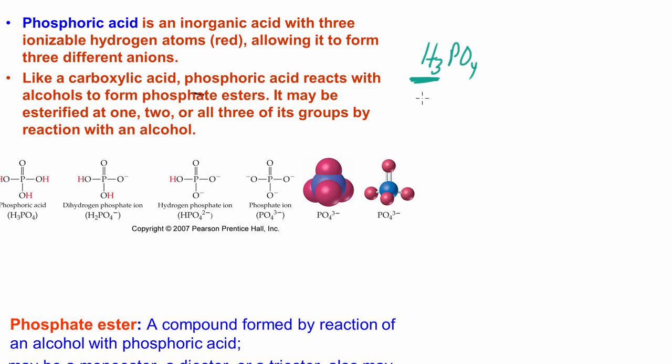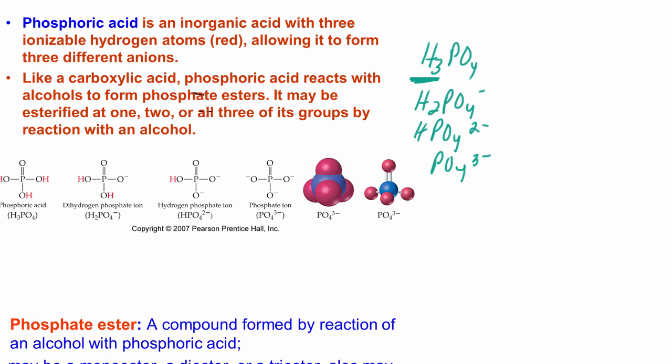So it can form this ion, and of course phosphate ion. Okay, so it forms 3 different ions: dihydrogen phosphate, hydrogen phosphate, and phosphate ion.